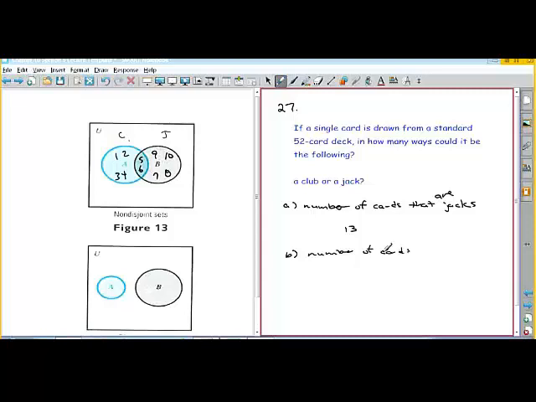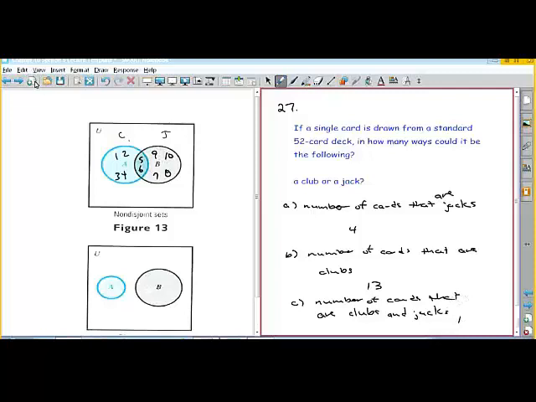I got my numbers wrong. Let's try it again. There are 4 jacks, 1 for each suit. The number of cards that are clubs: there are 13 clubs. We also need to ask the question, number of cards that are clubs and jacks.